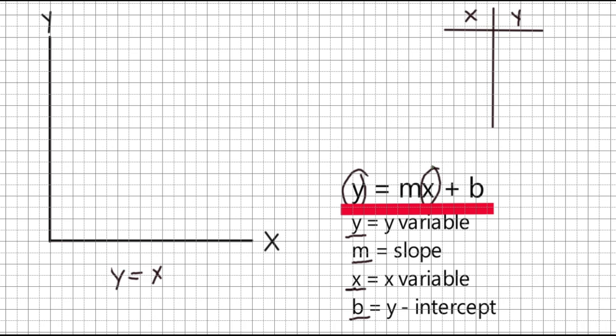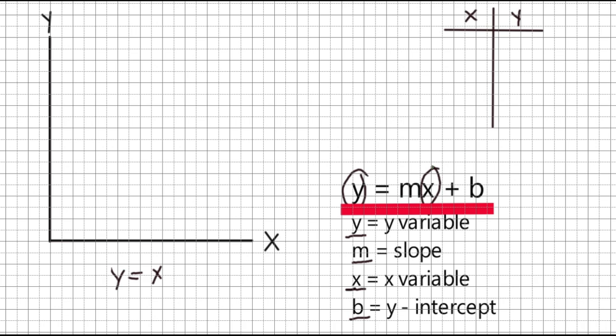We can choose x to be 2, we can choose x to be 1,000, we can choose x to be -50, whatever we want x to be, because it's independent of everything else. But y is dependent on x. So to get the y variable, that requires our input of x.